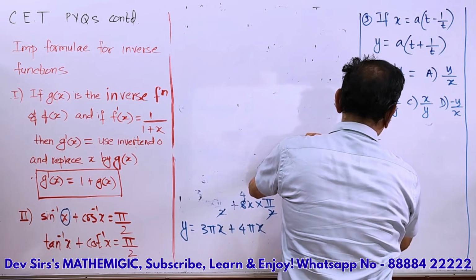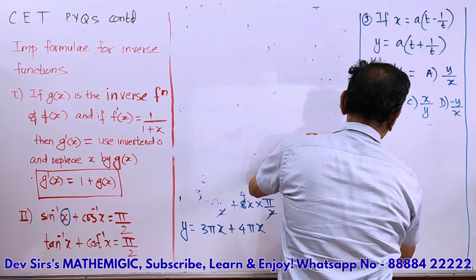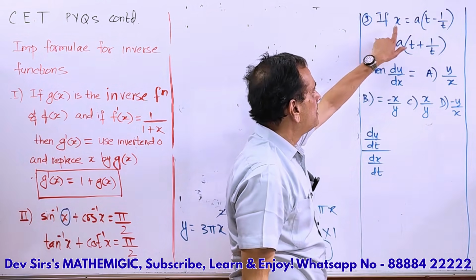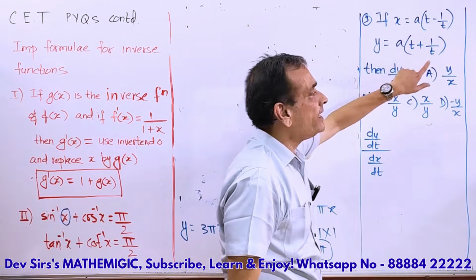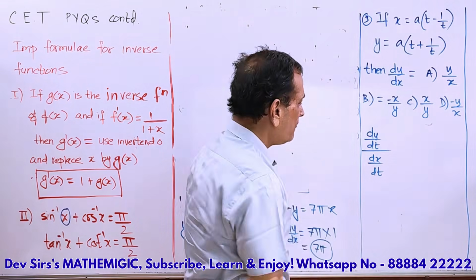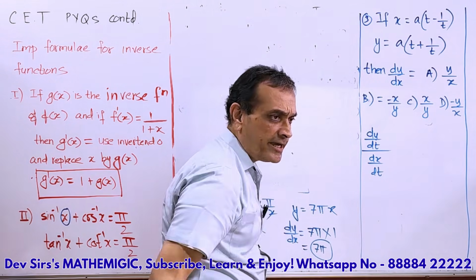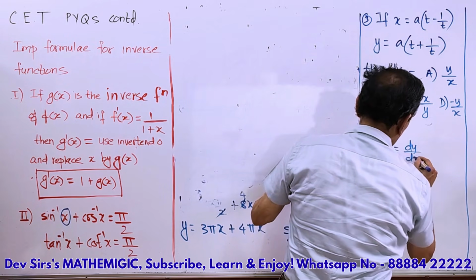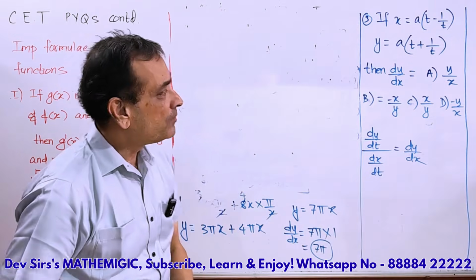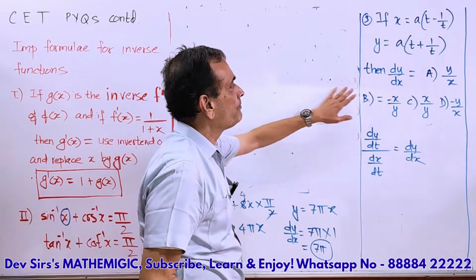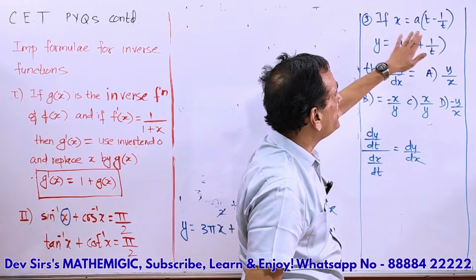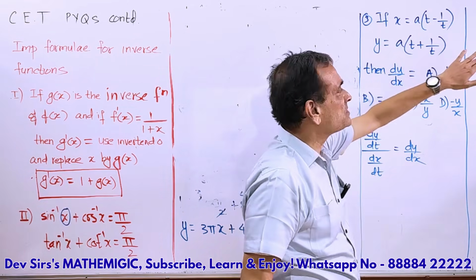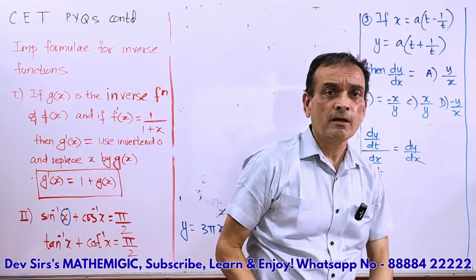Find dy by dt, find dx by dt, differentiate x with respect to t, y with respect to t, find dy by dt upon dx by dt, dt gets cancelled, you get the answer as dy by dx. This is a normal method. But if you try to use that method over here, थोड़ा टाइम लगेगा, because dx by dt means a into all this derivative of t minus 1 upon t, similarly dy by dt.